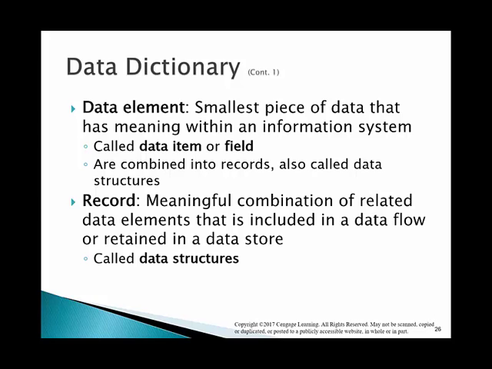We're approaching a database right here with a data element and a record. If I was to tell you about an element, I would say that each of you is unique. Students are unique.